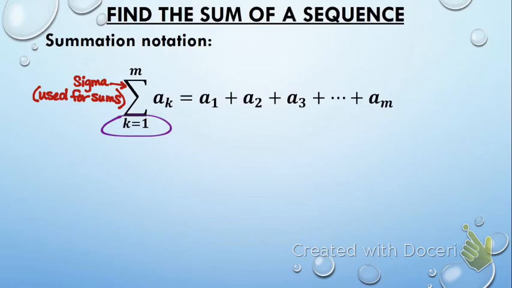Down here on the bottom where it says k equals 1, this is the index of summation, or the summation variable.